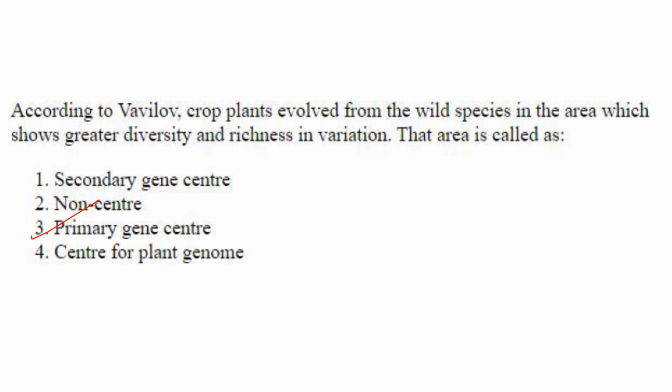Secondary gene center means the areas where the crops were introduced and further developed, leading to the formation of new varieties. So the answer here is primary gene center.